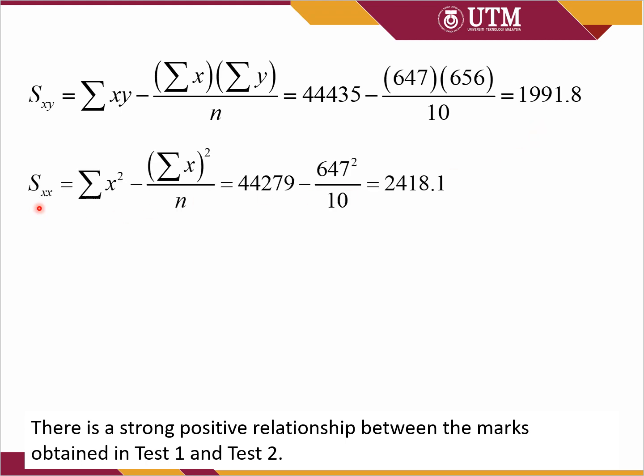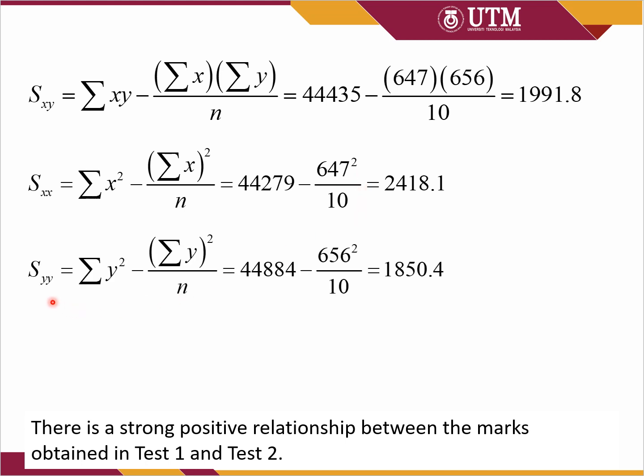And then Sxx is equal to the summation of x square, 44,279, minus the summation of x squared, so this will be 647 squared over 10. And Syy is equal to this.